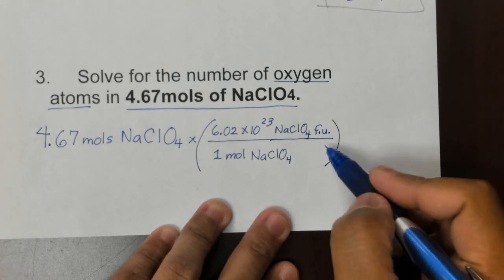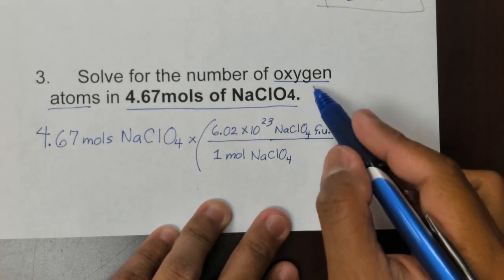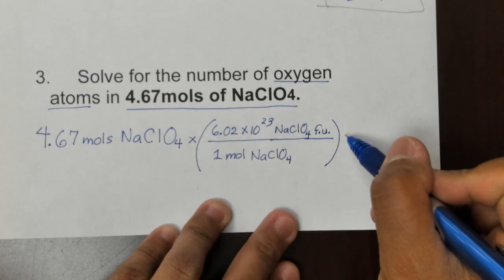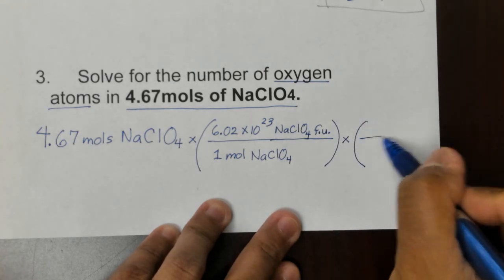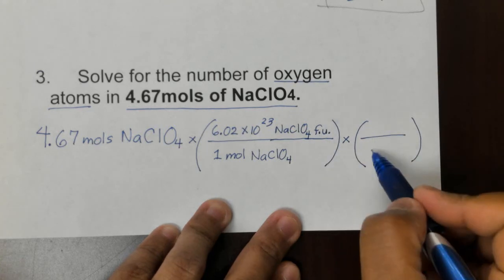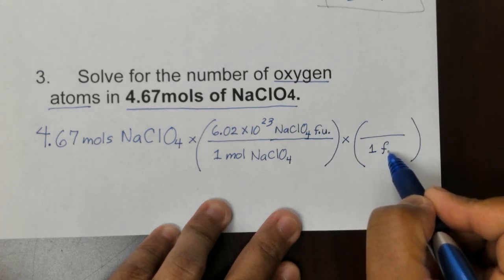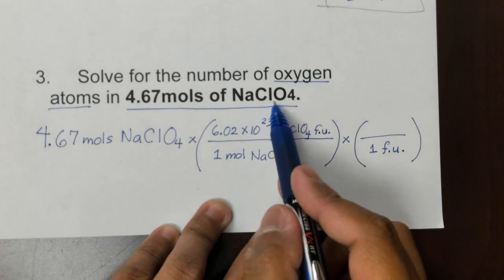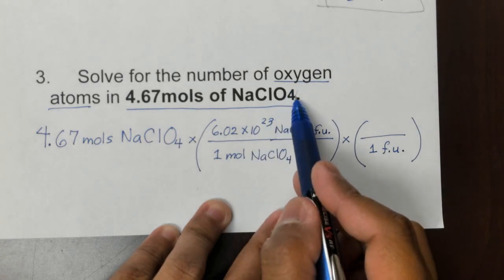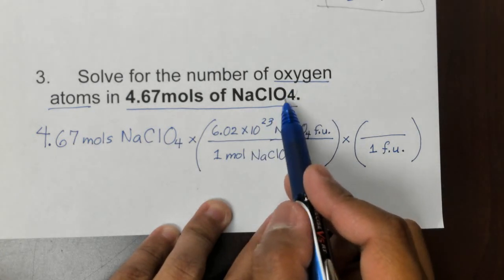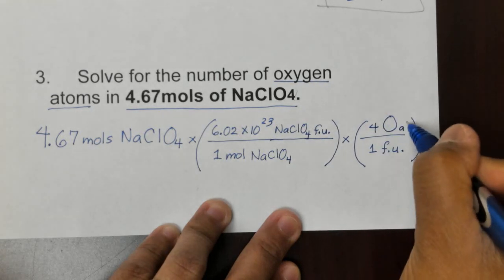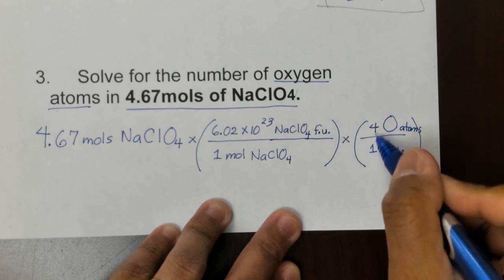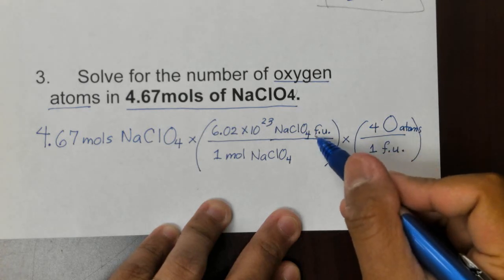And then, because this is still NaClO4, we need to get oxygen atoms. How do we do that? We multiply again, and we need to get the ratio. The ratio is, in one formula unit of NaClO4, it contains 4 oxygen atoms. So you put 4 O atoms. So that's the ratio of one compound of NaClO4.